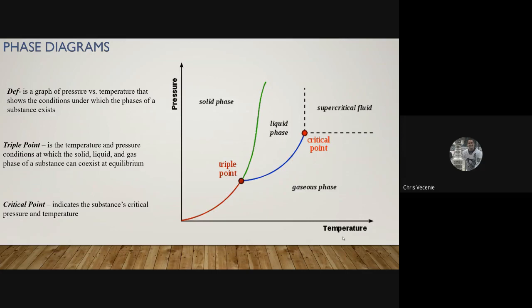It just matters that you have pressure on the y-axis and temperature on the x-axis. So all phase diagrams, right, have those things in common. Then what they do is they show you where certain phases live. Now, they're not all identical, but for the most part, you'll see some similarities.